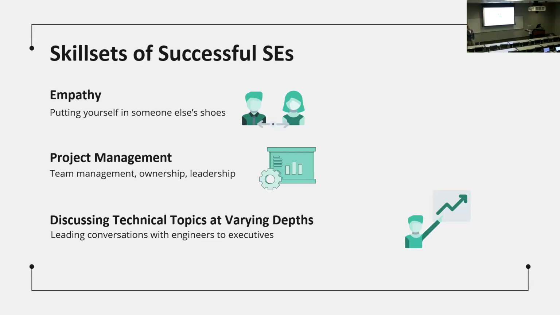For example, if you're talking to a CFO or some executive, they're probably going to be very focused on the revenue impact this is going to have, how it's going to increase agility and flexibility, and all the buzzwords that executives like to use.